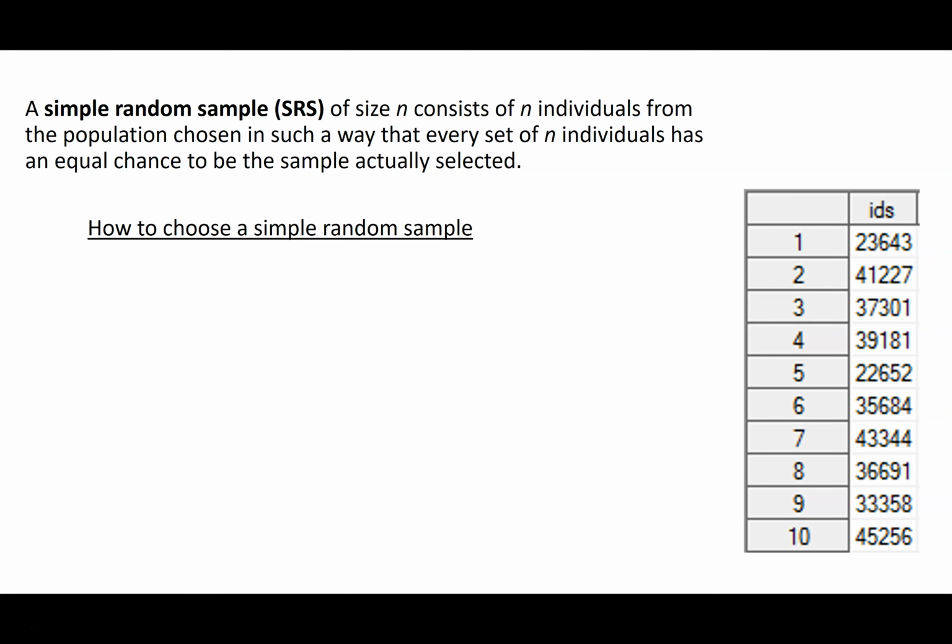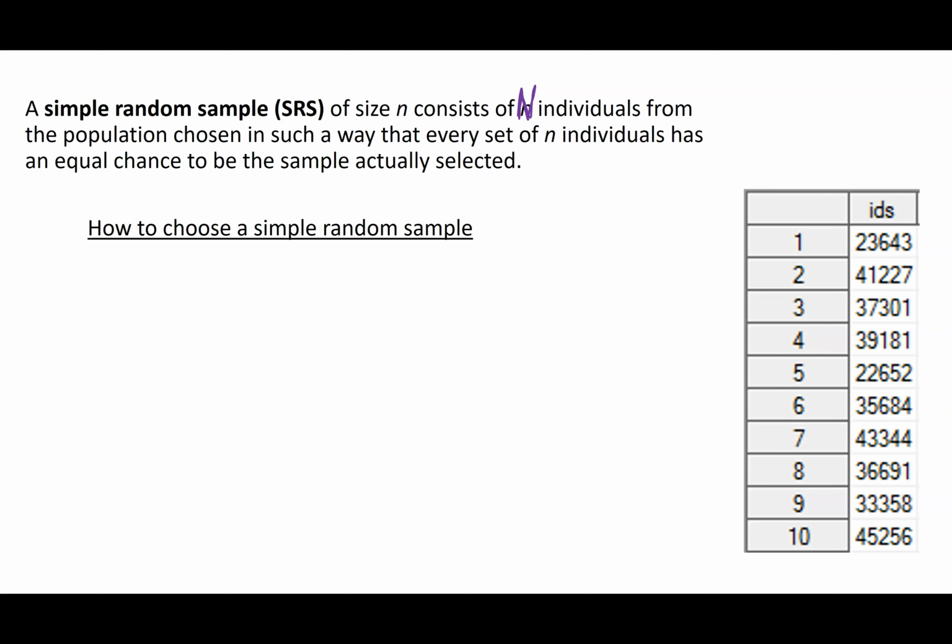So talking about how we do this, a simple random sample of n individuals, so that's just how many are in your sample, of n individuals from the population, that should be a capital N. It's chosen in such a way that every single set of n individuals has an equal chance.